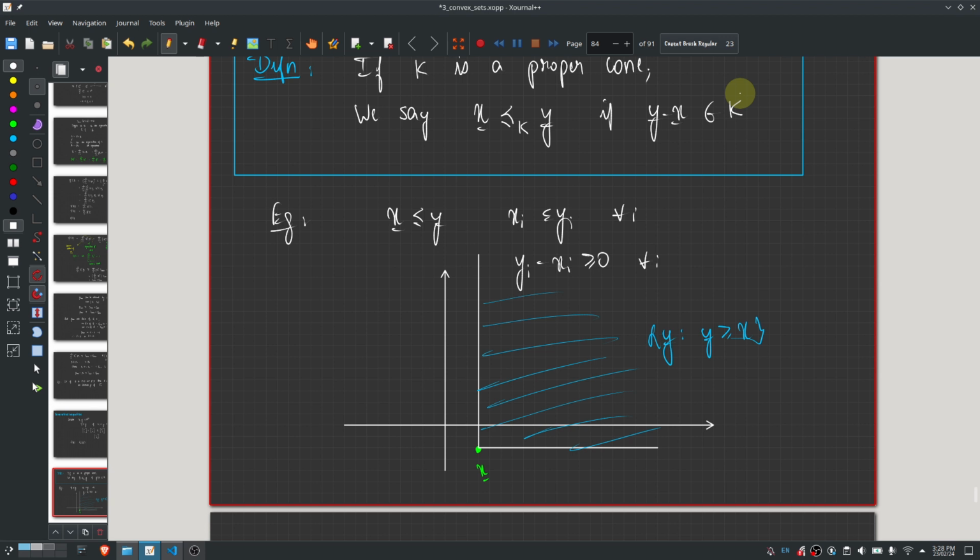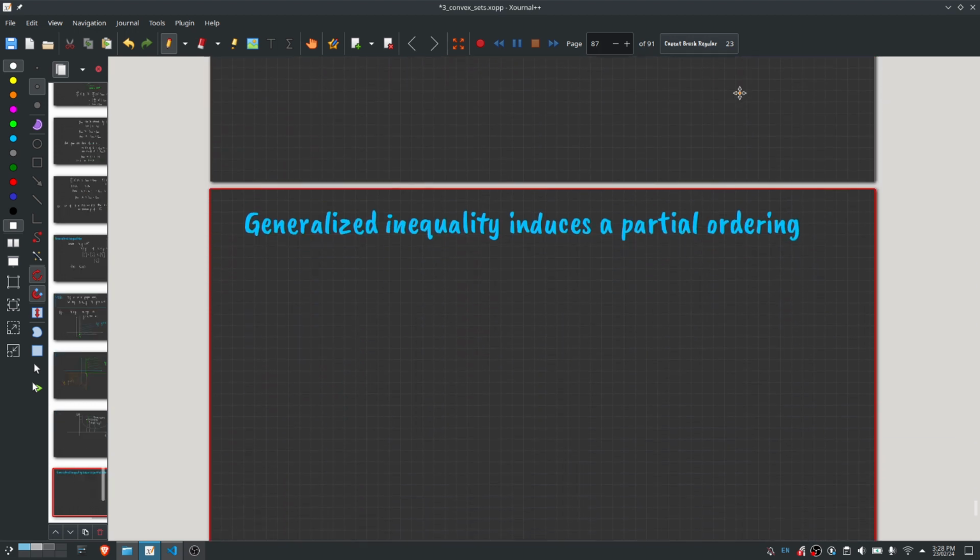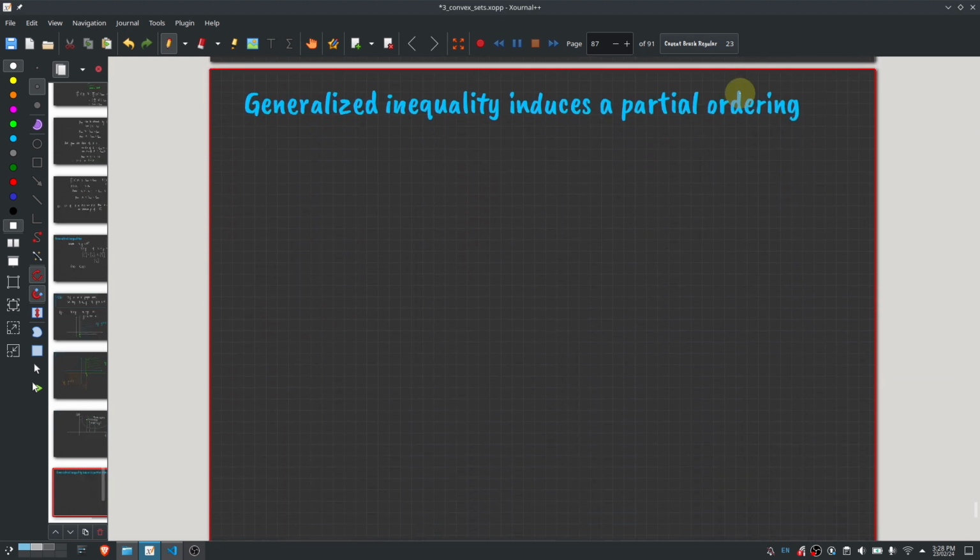Okay. Now, why do I call it a generalized inequality? What properties should generalized inequalities satisfy? So firstly, what properties do inequalities satisfy? Suppose I have some operation, right? What is an inequality?